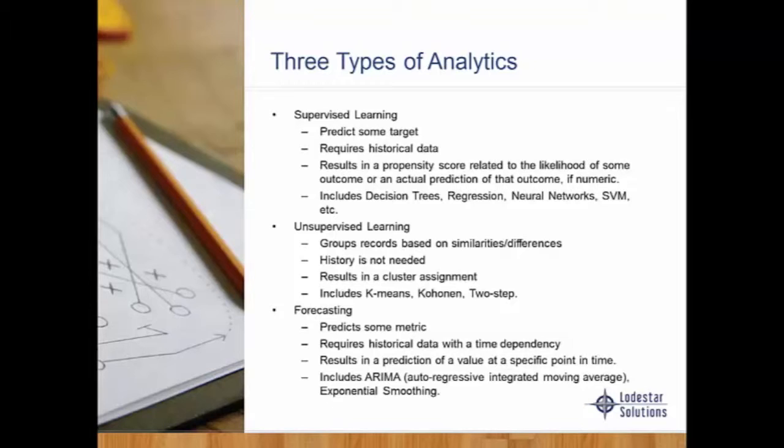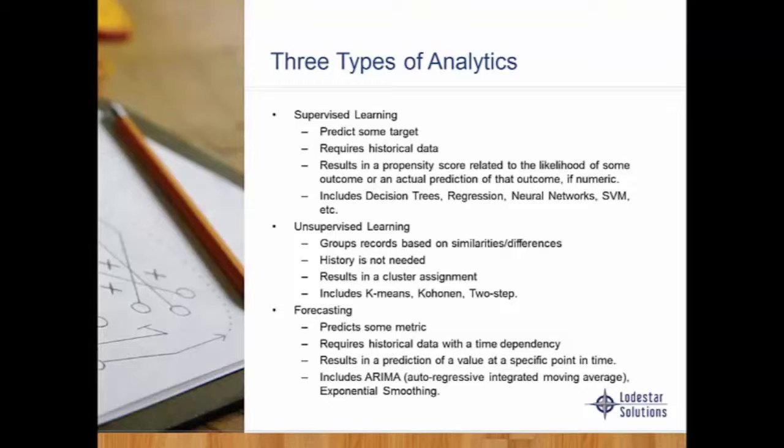We can account for things like seasonality or cyclicity. There's a regular cycle, whether it's a lunar cycle that affects the behavior or the metric, or it's a seasonal cycle. Attendance at baseball games tends to go up in October. There is no attendance at baseball games in January. That's seasonal behavior. But forecasting accounts for that sort of thing.